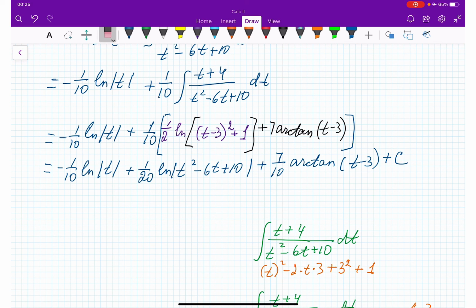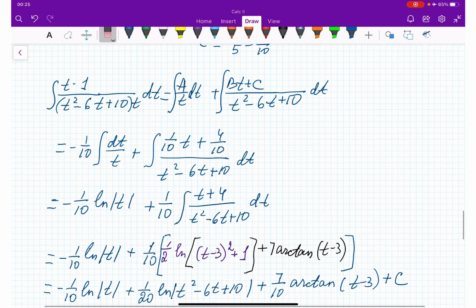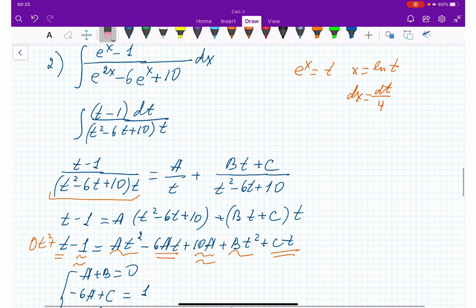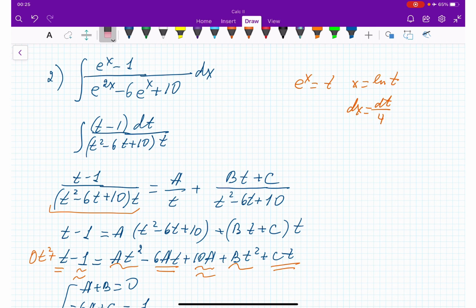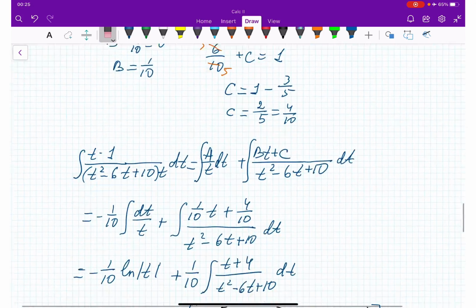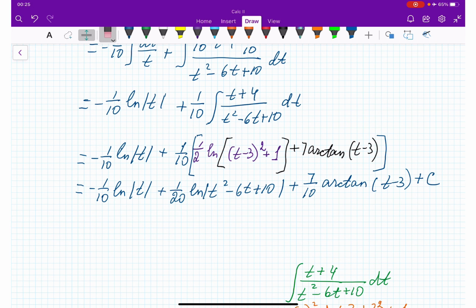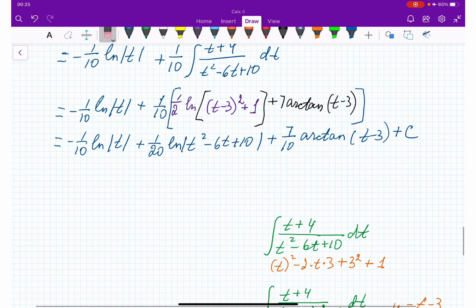So we remember we substituted e to the power x as t, right? So we bring back e to the power x, and that's it. We will be done. Yeah, I hear you say, that's it, really, after one mile of calculations.